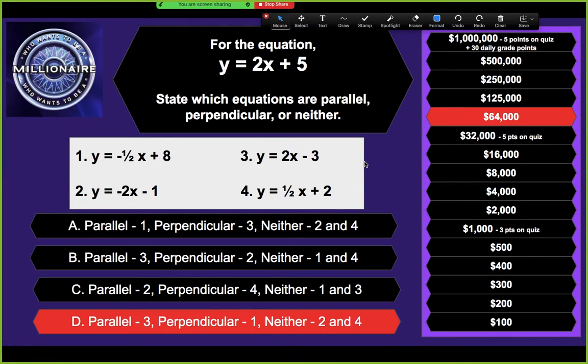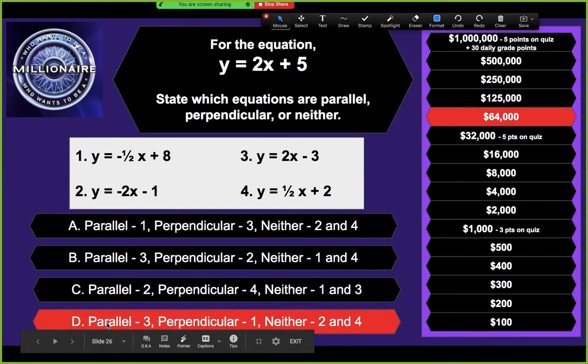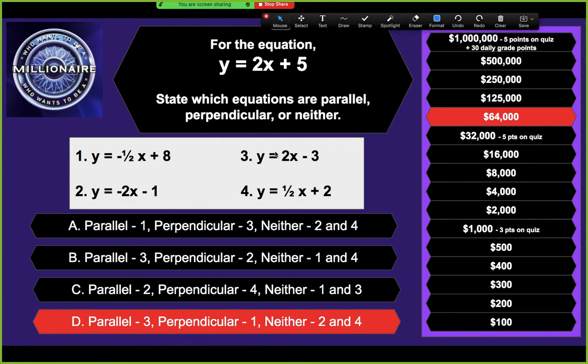All right, now the answer is D. The parallel slope for 2x is going to be 2x. It's going to be number 3. For perpendicular is when I flip my fraction around. So instead of being 2 divided by 1, that is positive, I'm going to do the opposite, which is negative.